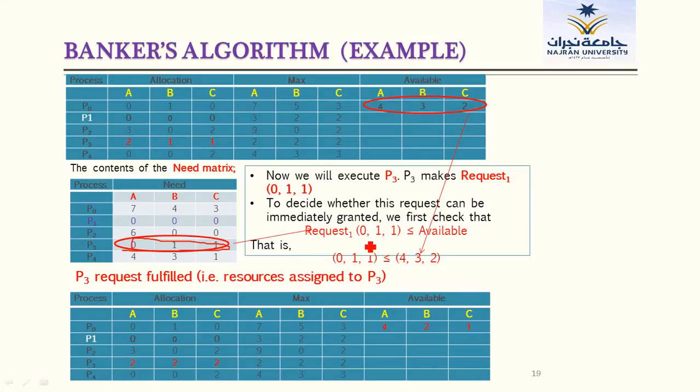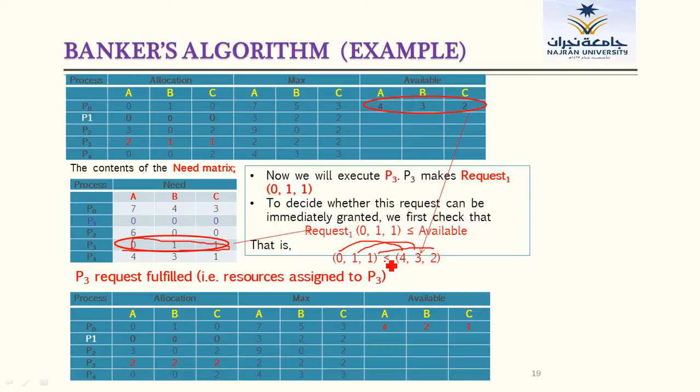What is the request? 0 instances of A, 1 instance of B and 1 instance of C. This must be less than or equal to available. So what is available? 4 instances of A, 3 instances of B and 2 instances of C. So now we have to compare, A with A, B with B and C with C.